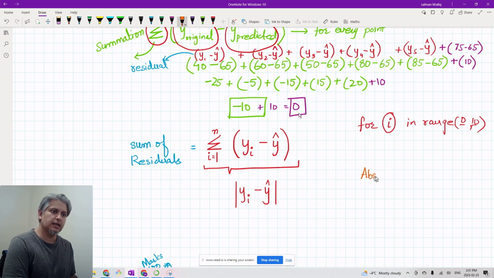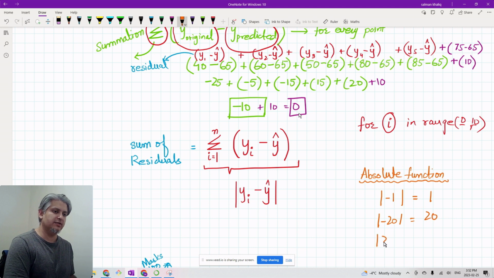Anyone who is a beginner, I will break it down for you. The absolute function is a function which never gives you a negative answer, which means it will make anything negative into positive. When you put anything in these bars, if it is negative 20, it will give you positive 20.